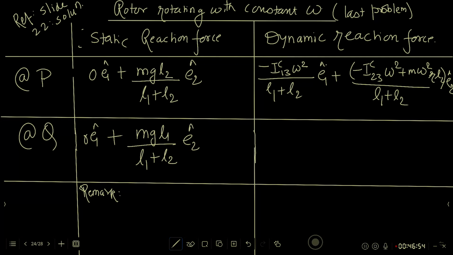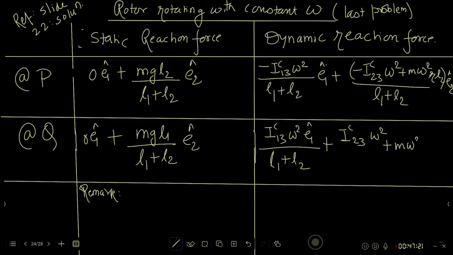Whereas here I have IC13 is equal to 3 omega square plus m omega square or L1 is equal to 3 omega square E1.